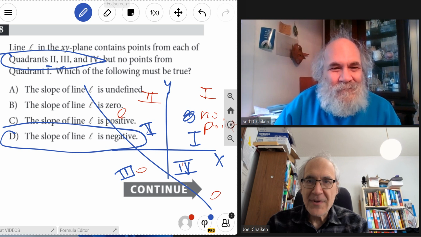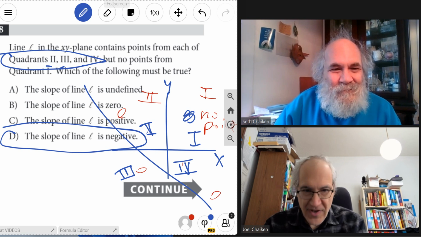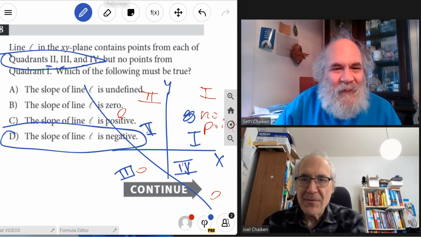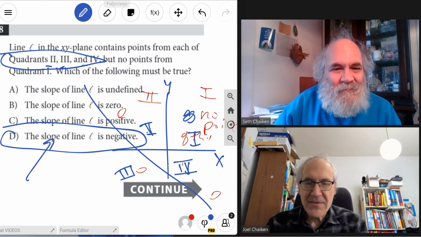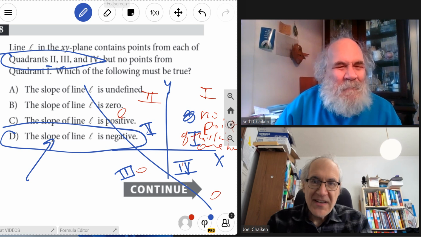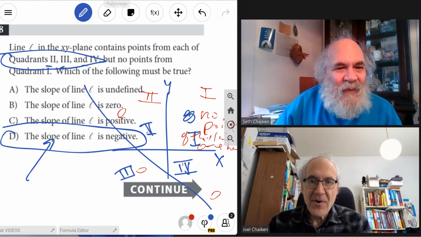You also have to know what they mean by a line: a straight line, not a curved line. You have to know what slope means, and what positive and negative slope are. So you need to know like 5 things, and hopefully I didn't take any of those for granted.